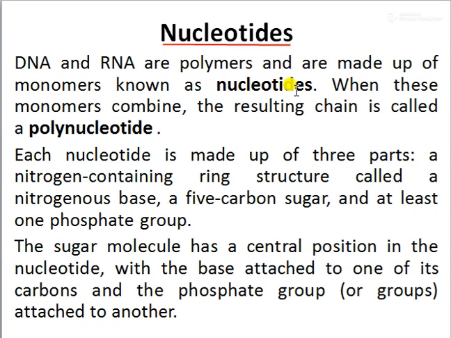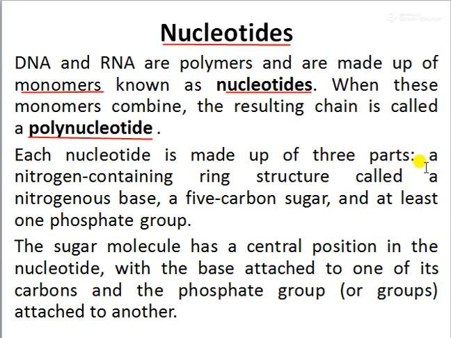Basically, DNA and RNA are long chains formed of monomers, single units, and these single units are known as nucleotides. A large number of nucleotides unite together, and in turn they form a polynucleotide chain. Each nucleotide is made up of three parts.